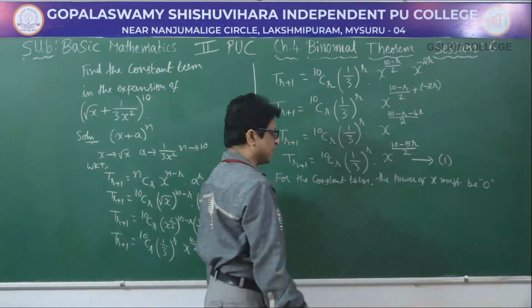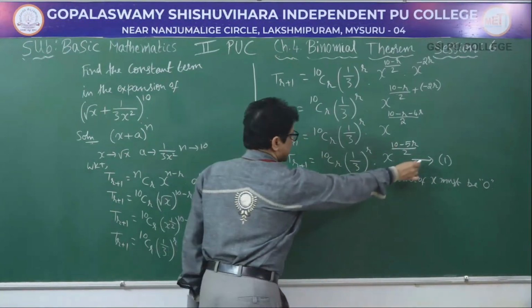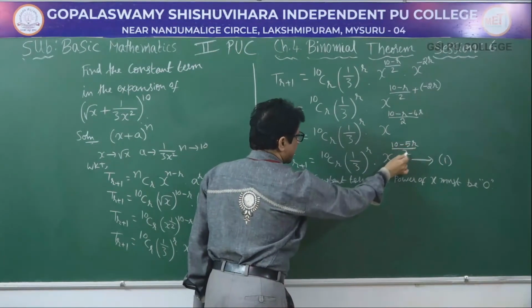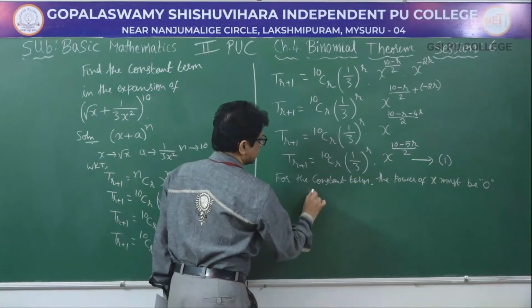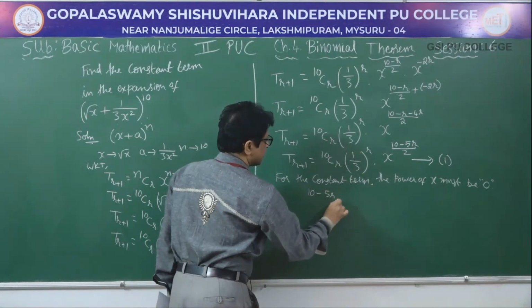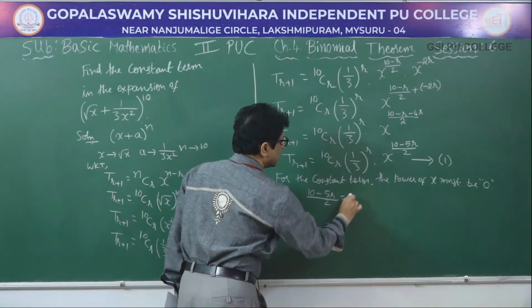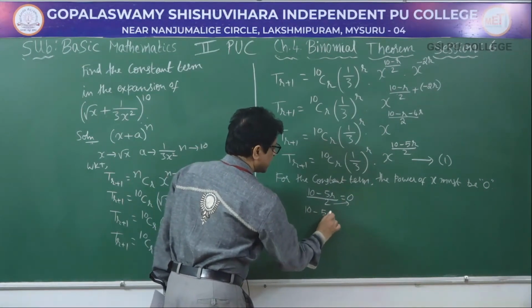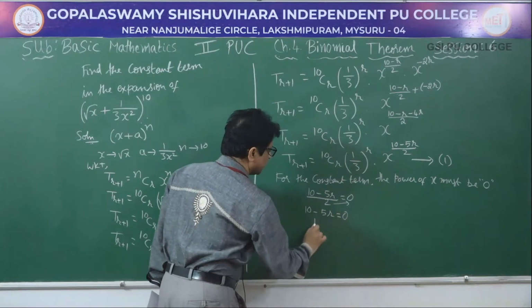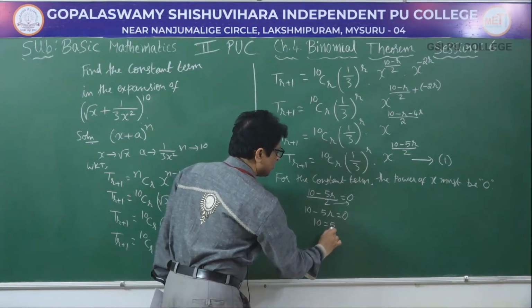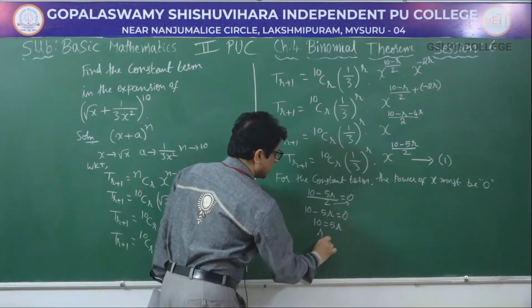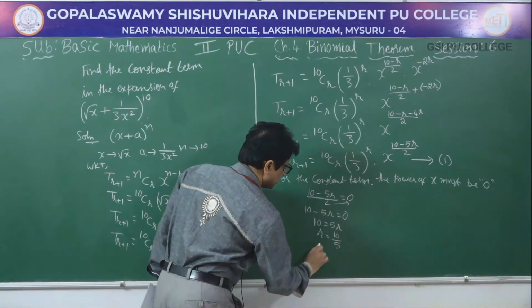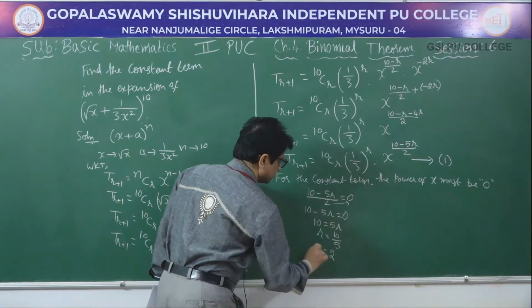In equation 1, the power of x is (10 minus 5r) by 2. That is, (10 minus 5r) by 2 will be equal to 0. Cross multiplying, we get 10 minus 5r is equal to 0. So 10 is equal to 5r. So r is equal to 10 by 5. So r is equal to 2.